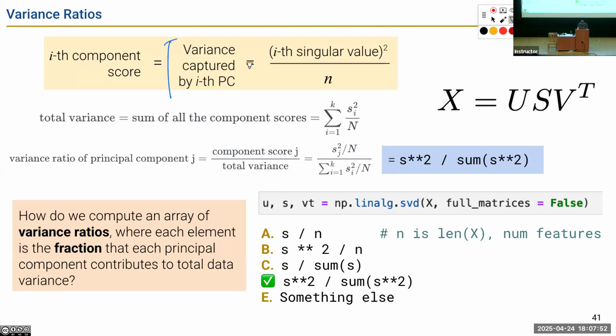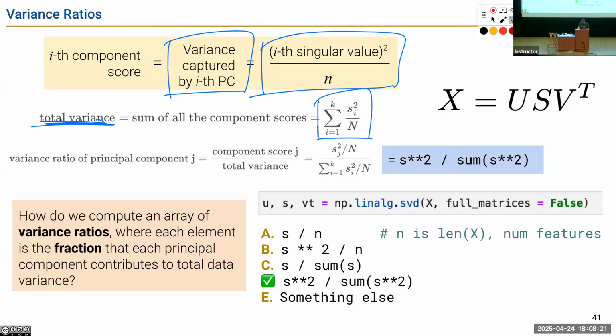The variance captured by the ith principal component is the singular value squared over n. We derived that earlier, before the Slido. If you want the variance for principal component 1, take the first singular value, square it, divide by the sample size. If you want the variance explained by principal component 2, take the second singular value, square it, divide by n. So if I want the total variance, I can just sum up the variances of all my principal components.